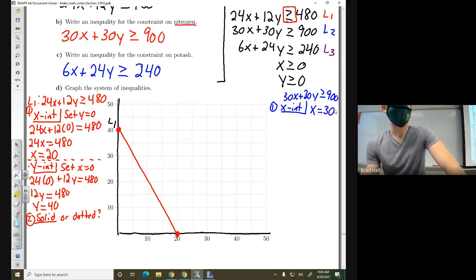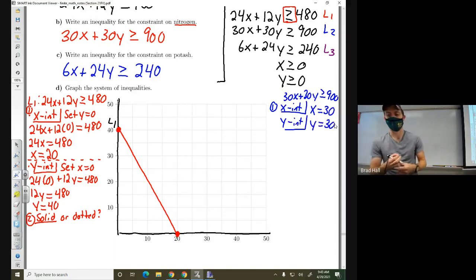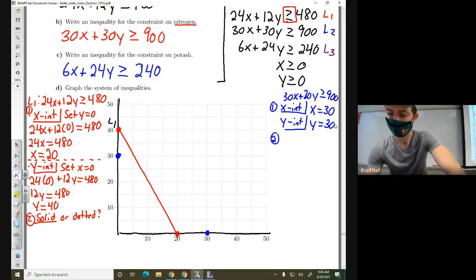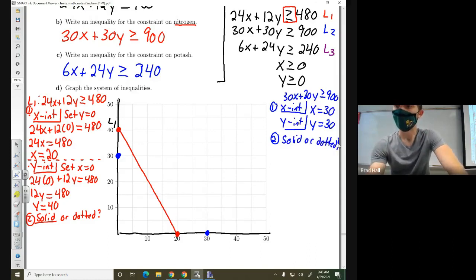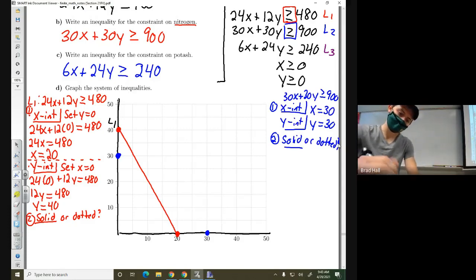The x-intercept, you will find, is 30, and the y-intercept is also 30, by using the process on the left side of the screen, which gives us 2 points on the graph that we can plot. Now, we ask ourselves, is the line connecting them solid or dotted? Because the inequality symbol, yet again, has an equal to sign, it's going to be solid. So we can draw a solid line connecting the two.